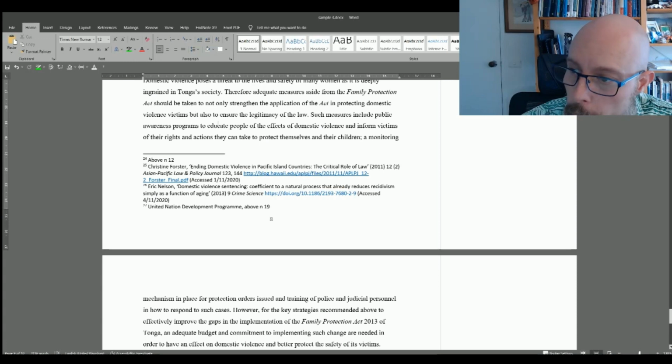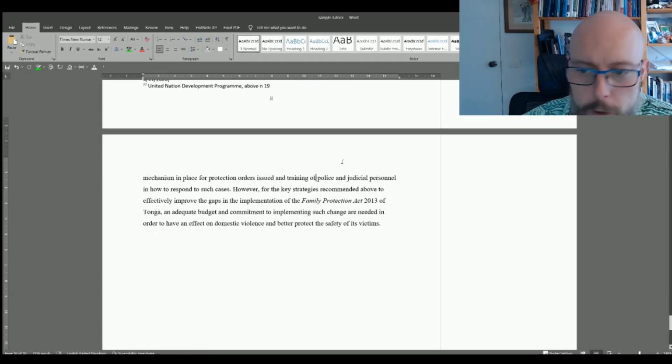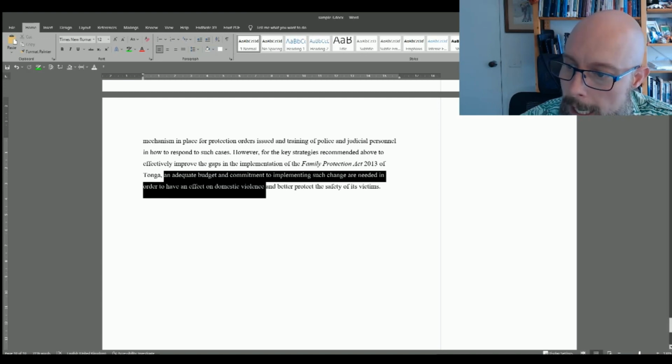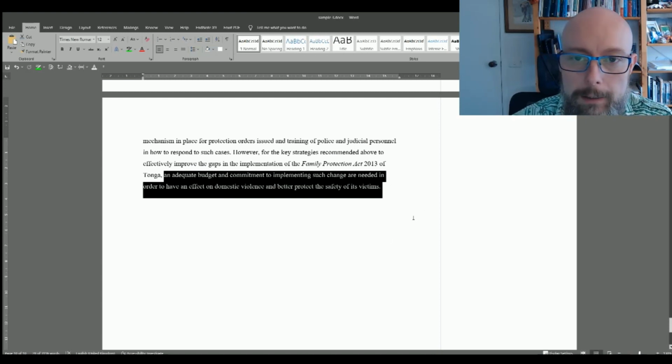Such measures include public awareness campaigns to inform people of rights and so on, monitoring mechanisms for protection orders, training of police and judicial personnel, and for these to be effective to address these gaps, it needs money, it needs government commitment, and if we do that, we can protect survivors of domestic violence.